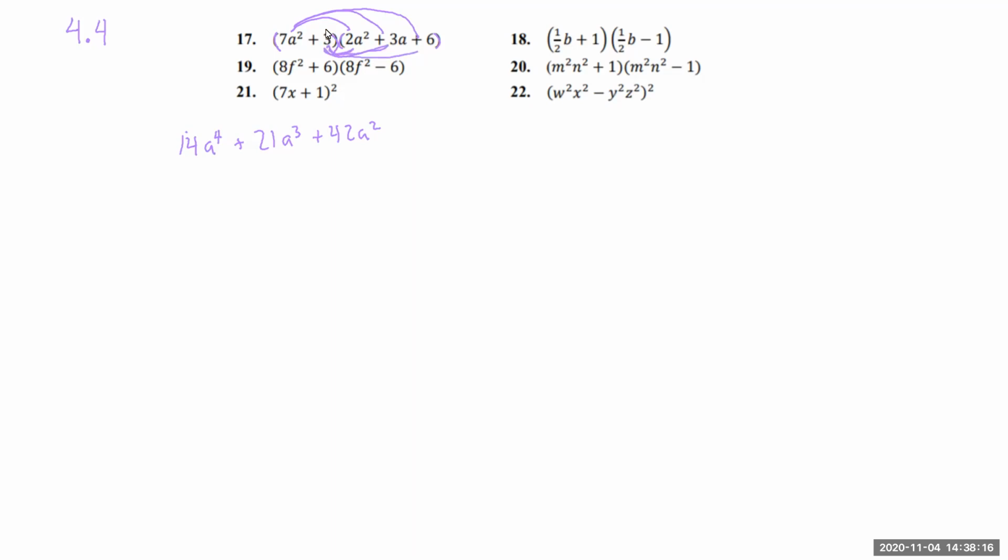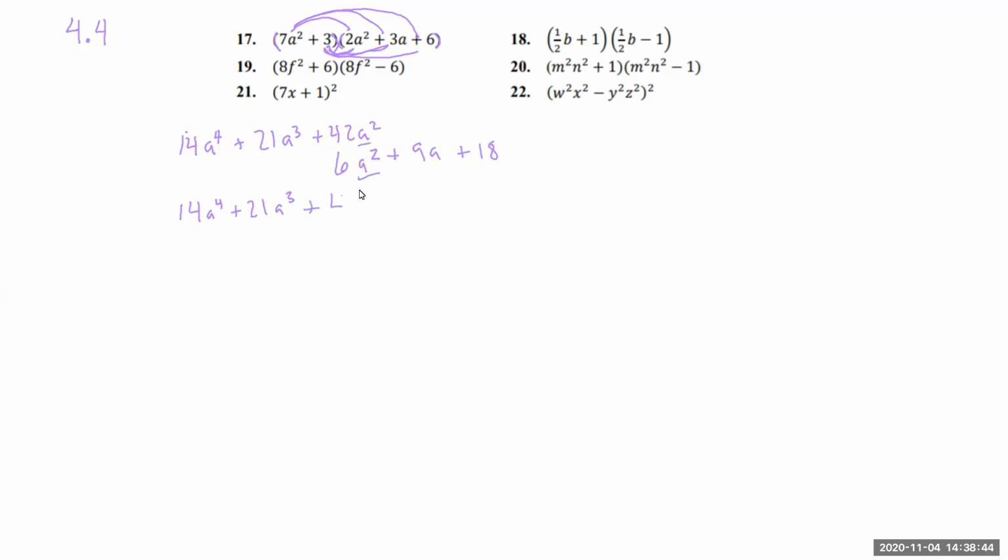So now we're going to have a 6a, so I'm just going to write it right underneath here, but we have a 6a to the 2nd, and then we have a 9a, and then 18. Now we're just going to add up all that we have. So we have 14a to the 4th plus 21a to the 3rd, and then we add the a squareds together because they're the same.